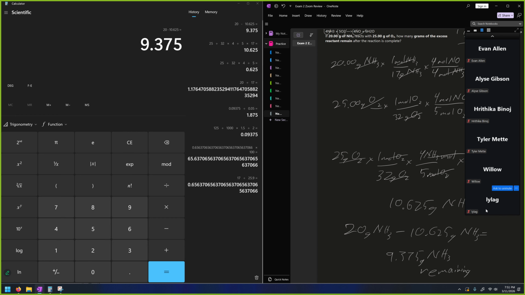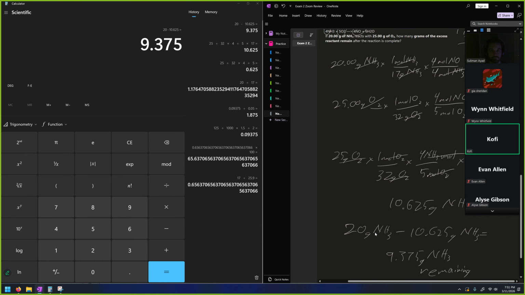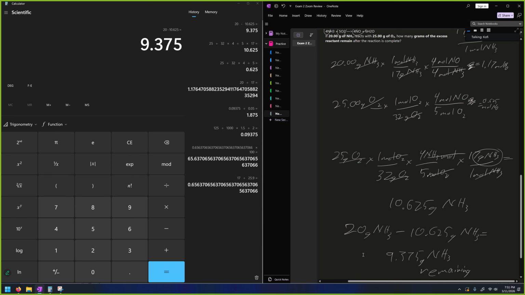No questions? Everybody good? So, with the theoretical yield for this question, it would be the 1.17 moles? No. This value does not happen. It's imaginary. We did 2 checks, right? We checked to see if this was the limiting reagent, and we checked to see if that was the limiting reagent.